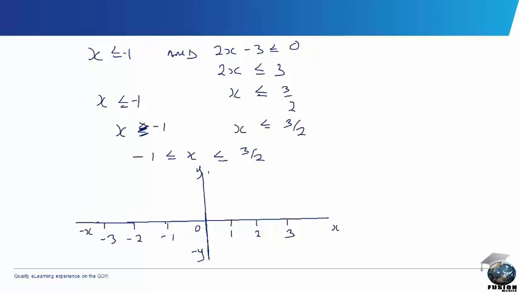Then x equal to -1 is at this point, and x equal to 3/2, which is 1 whole number and 1/2, is 1.5, is at this point. So we can fit our curve through these points.